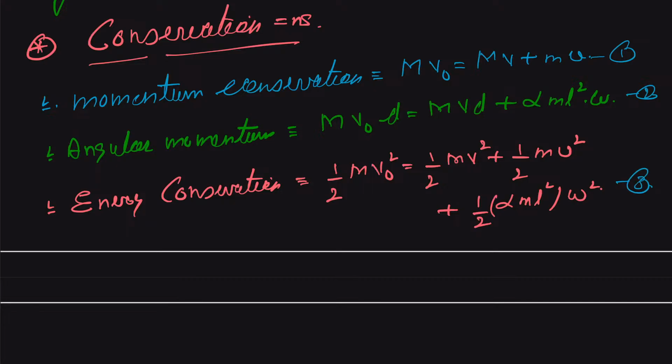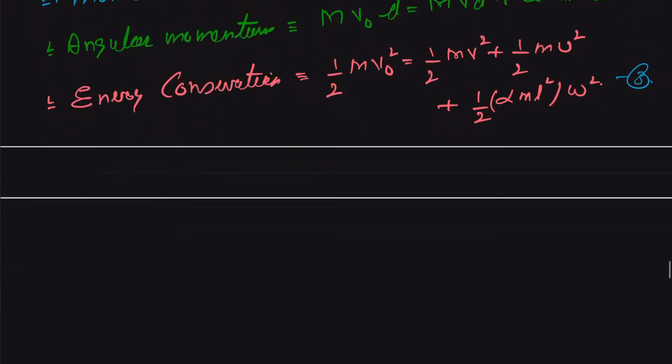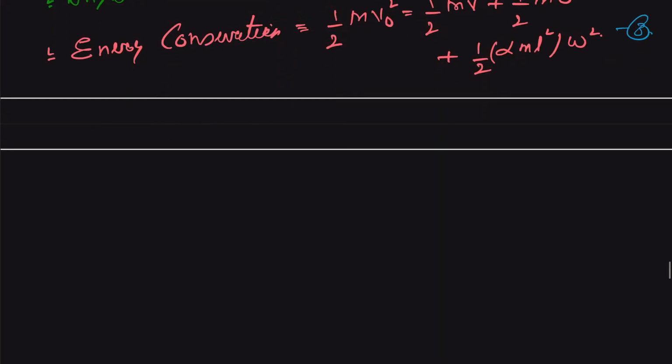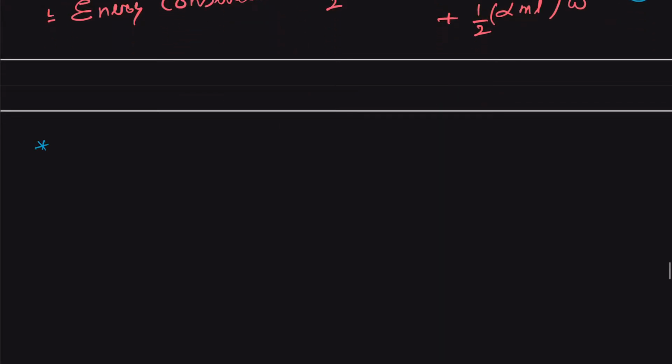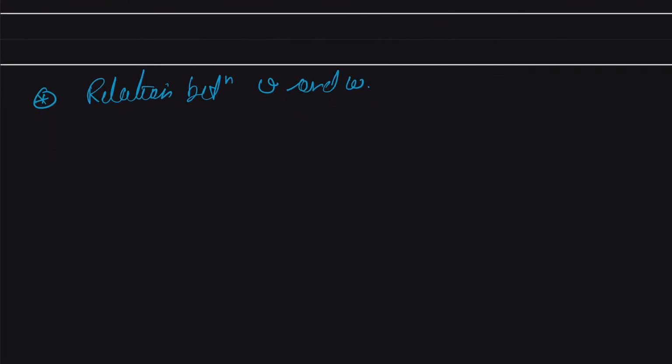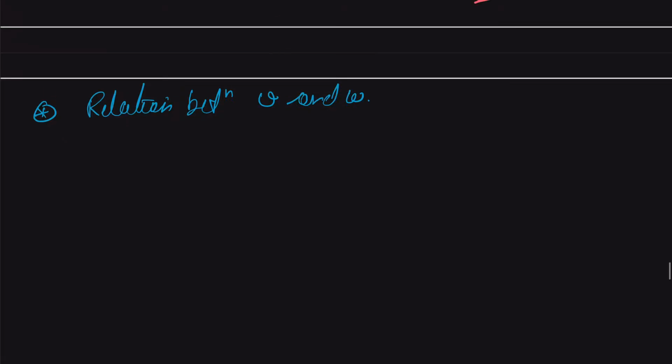First of all, we are going to find the relationship between the linear velocity of the center of mass and its angular velocity. So a relation between v and omega, and we are going to start with equation 1.